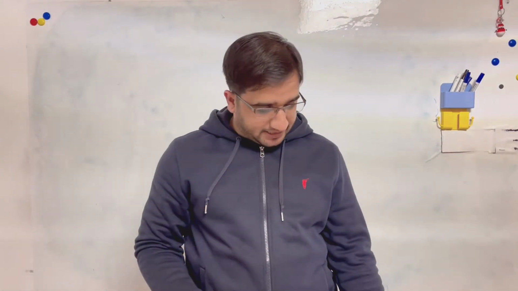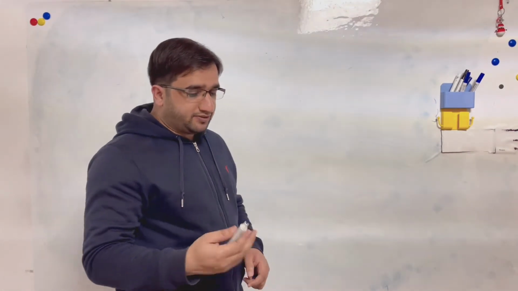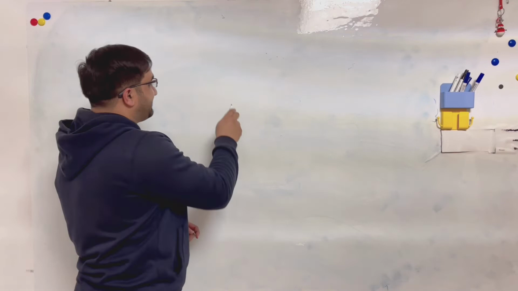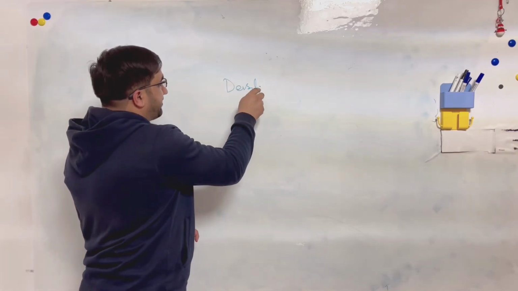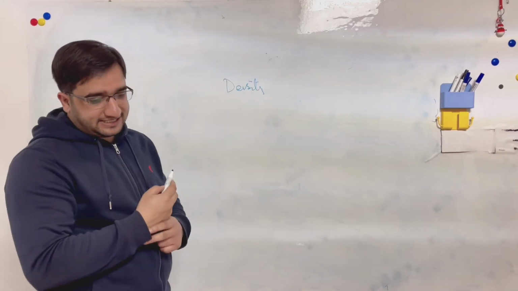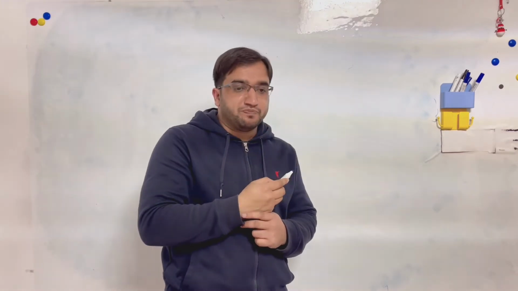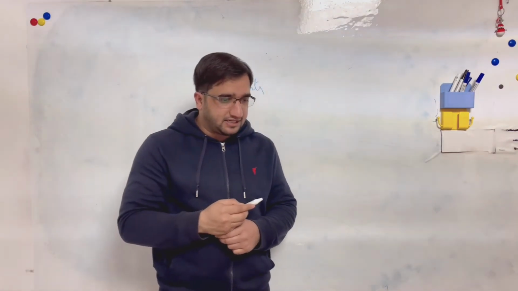Similarly, there are some formulas I have written on the pages, you can check them later. If you want to calculate the change in density, the same formula applies. Change in density means change in mass.